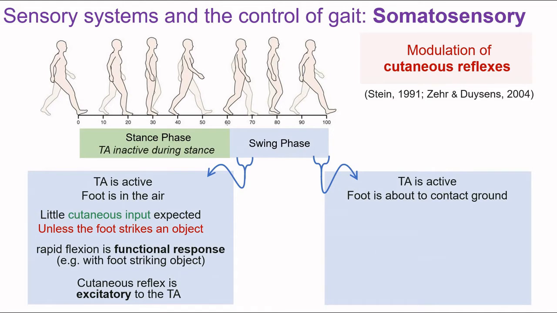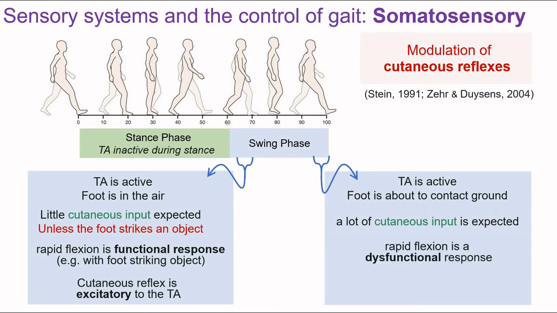Next, during the terminal swing phase, the foot is about to make contact with the ground and the tibialis anterior is active again. In this phase of gait, a lot of cutaneous input is expected. In contrast to the early swing phase, a rapid dorsiflexion of the tibialis anterior would be a dysfunctional response in this terminal phase.